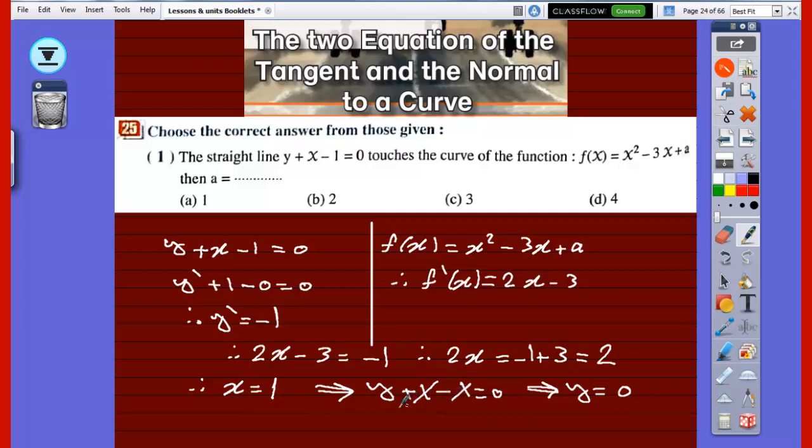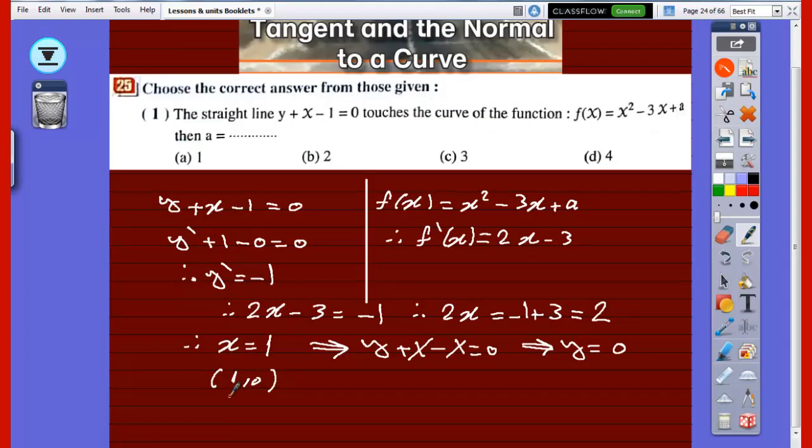Now we have the point of tangency is (1, 0). It means this point lies on the curve because it is the point of tangency. So substituting x equals 1 and y equals 0 in the original equation of the curve, we have 0 equals 1 squared minus 3 multiplied by 1 plus a.